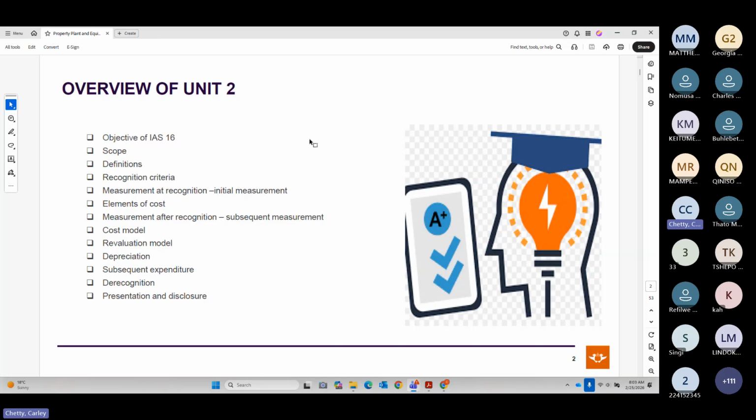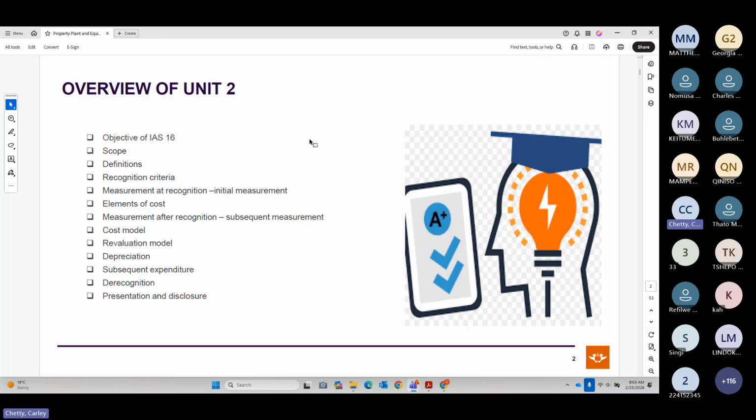So remember, in our practical, we had a question where we needed to decide what to include. Should we include delivery costs? Should we include engineer advice for installation? So all of that determines what we are going to initially measure our property, plant, and equipment at.